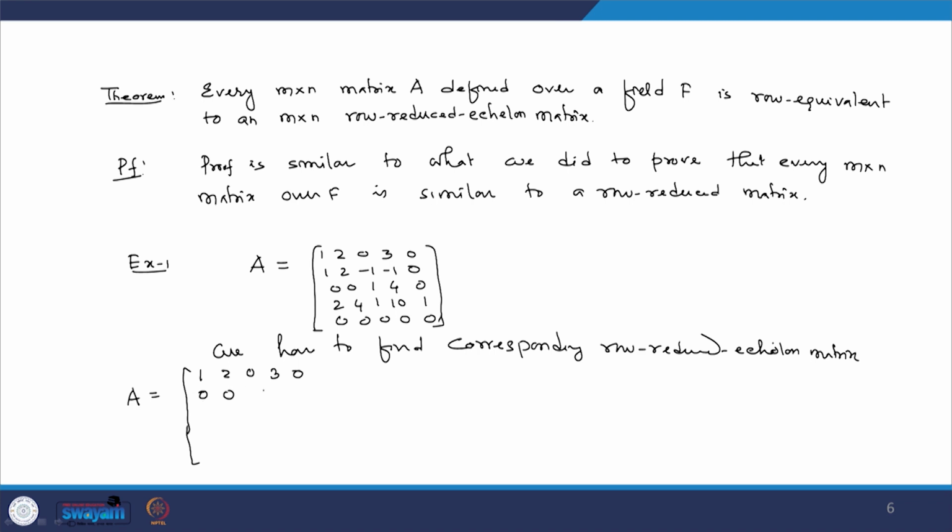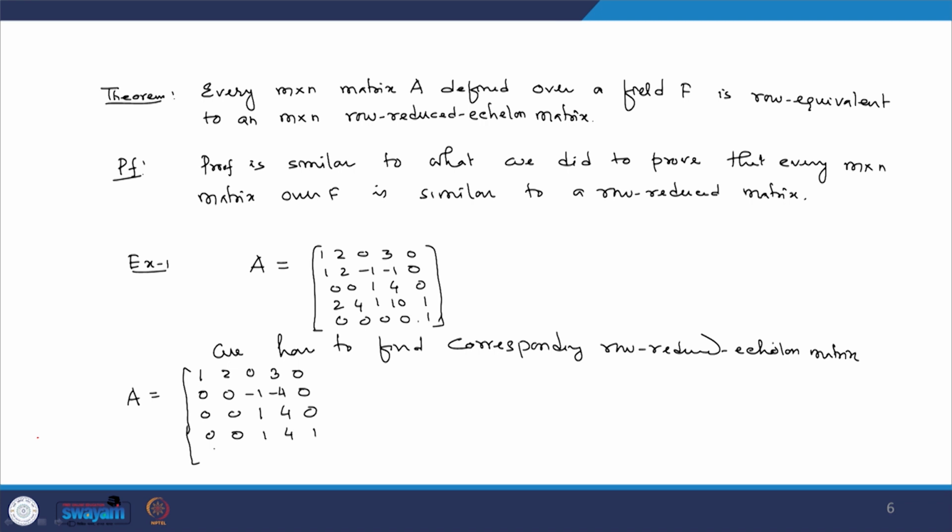If I do it, 0, 0, minus 1, minus 4 and 0, then 4, 0, and the fourth row I have to replace by the fourth row minus 2 times the first row. If I do it, then it will be 0, 0, and this is 1, and again 10 minus 6 equal to 4, and here I am getting 1, 1.